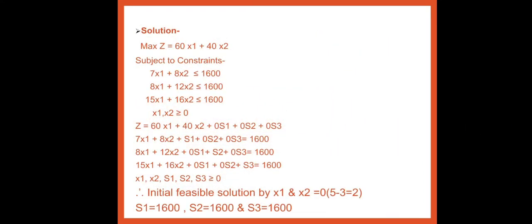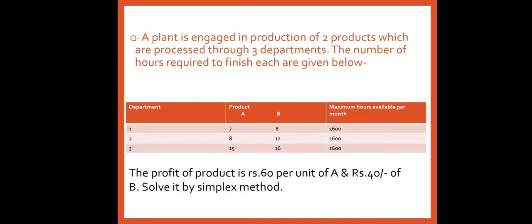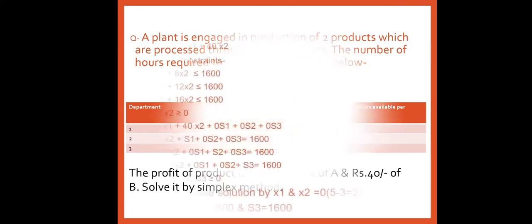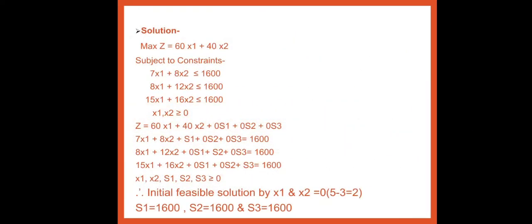Then subject to constraints. I have already told that there are three departments, each department contains two products, and each department has the same hours. So the first constraint is 7x1 plus 8x2 less than or equal to 1600.